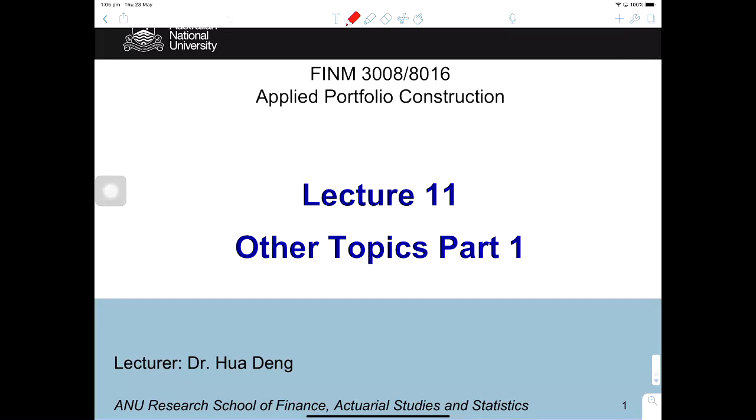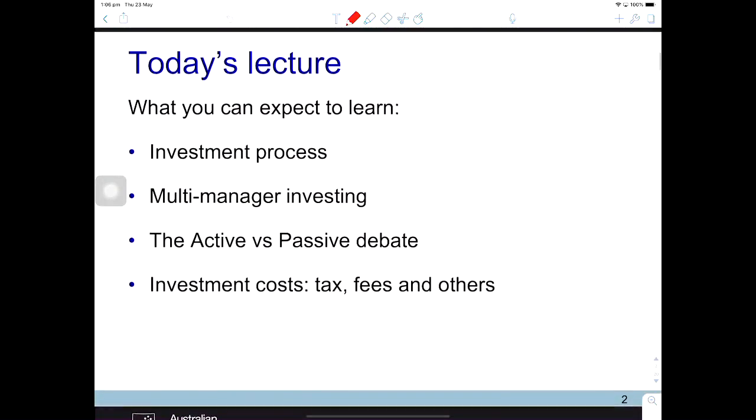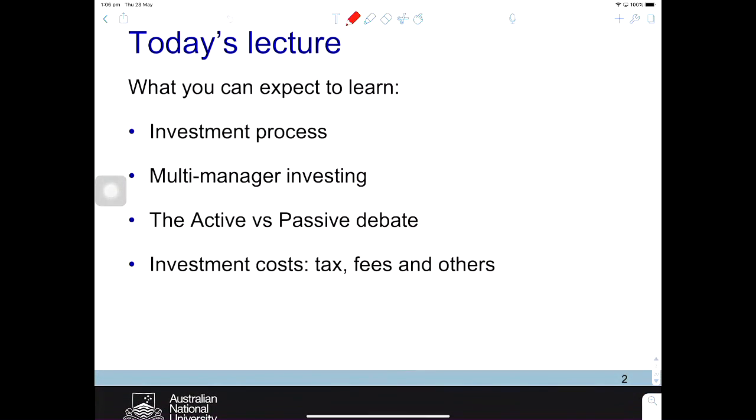Okay, so this week we're going to start tying up the loose ends of the asset allocation process. We're going to discuss quite a cluster of concepts, but they are quite important in the asset allocation process. So in this week, we're going to talk about the investment process, which is for your general information only, so you understand what's involved in the investment process.